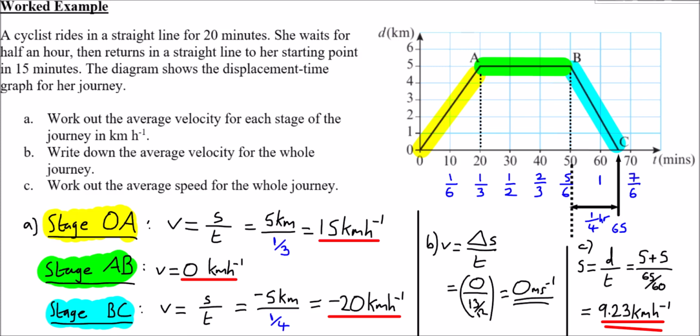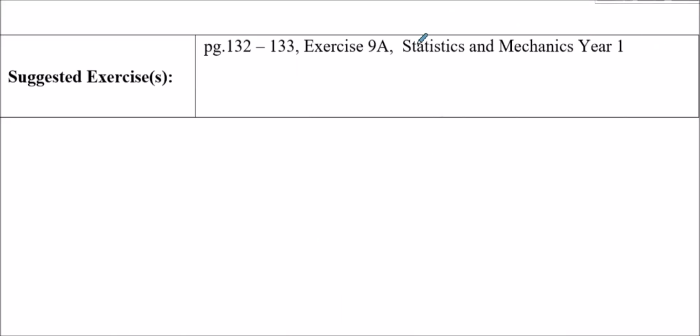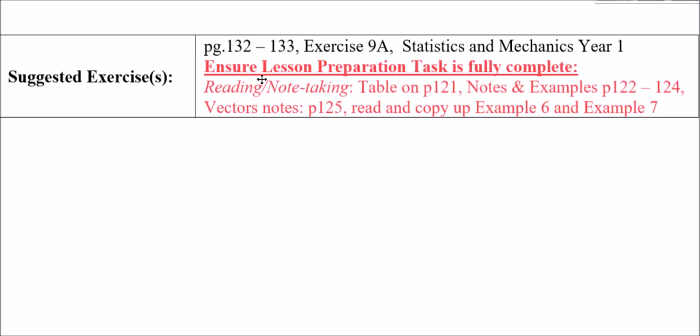It's now over to you to try some of these on your own. So what I want you to do here is all of 9A, there's only 4 questions, mind, on page 132 from the Stats and Mechanics book. But please remember as well, what I really want you to do, if you're not done already, is this. So if you've not done already, please make sure you've done the preparation task and that it's fully complete.